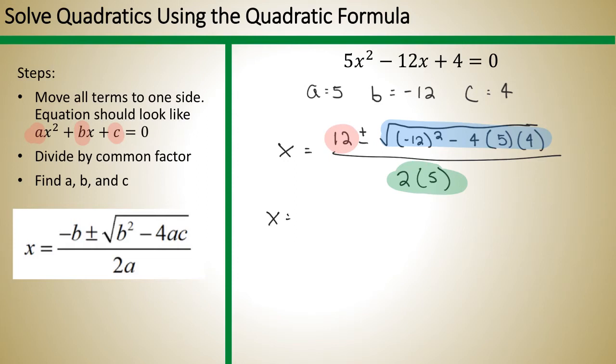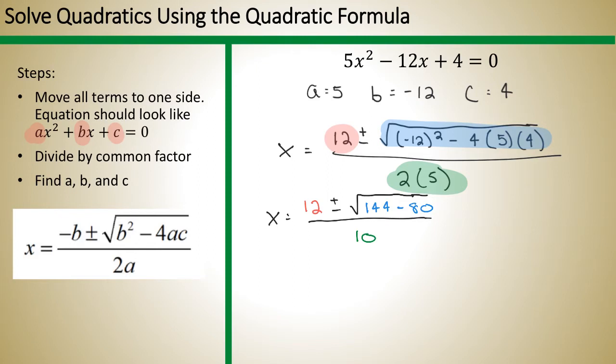So x is equal to, I have 12 on top, plus or minus the square root of, and then 12 squared is going to be 144, minus 4 times 5 times 4, that's going to be 80, and then all that's over 2 times 5, which is 10.